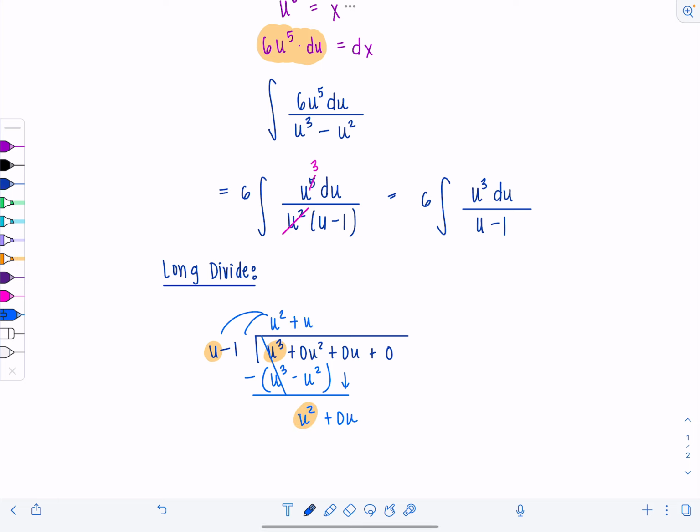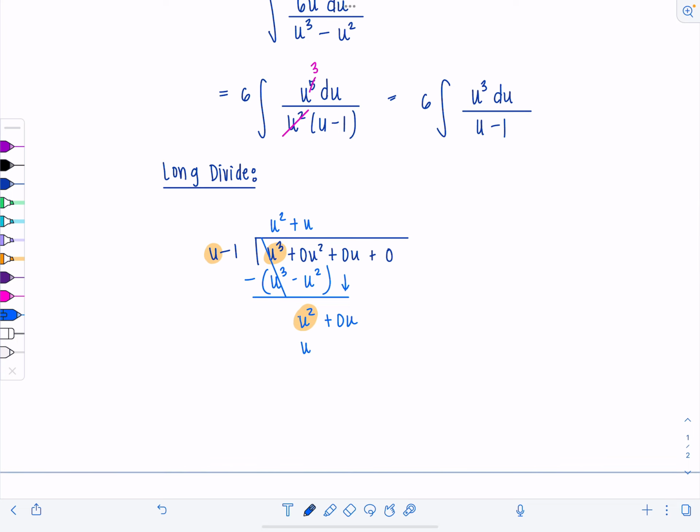Just a u. Then you distribute that to the divisor. So that's going to be u squared minus u, and then subtract again. This cancels. I'm left with u. Bring down a 0. Keep going. Plus 1. u minus 1, subtract, and positive 1 here is my remainder.